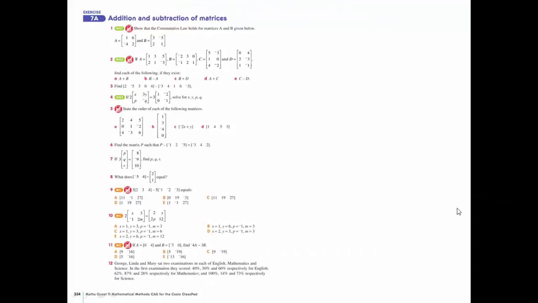Okay, here are the exercises. As you see here, when you have this symbol, it means this is calculator free, so you have to do it manually. And normally, as you go, they become harder. So do as many as you want, but don't say, no, it's too easy, I don't want to do any practice.